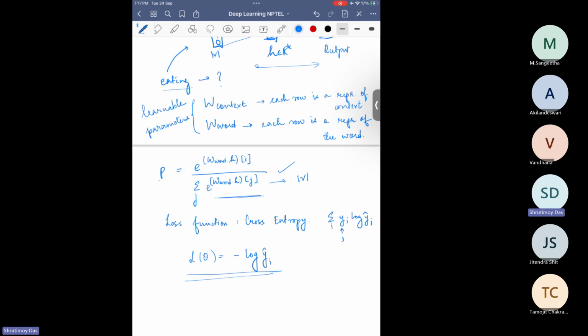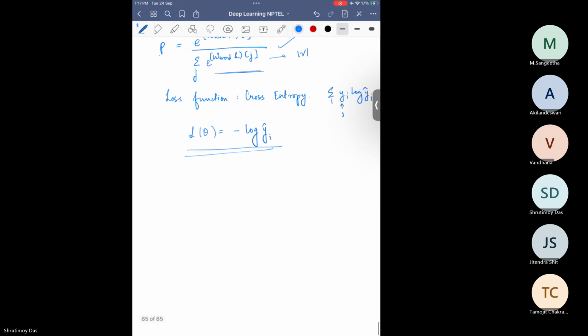So three common ways were discussed in the class. The first one was negative sampling.